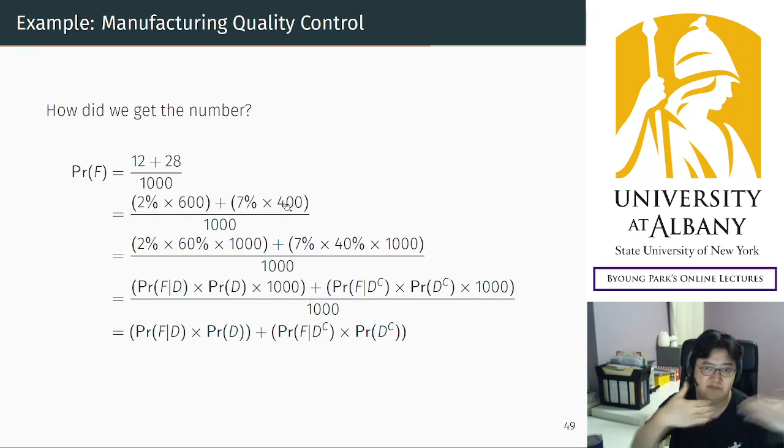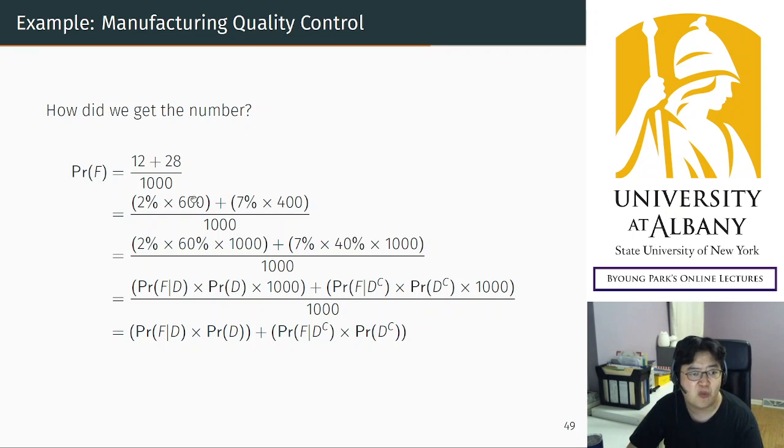We are going backward. Where did these numbers come from? 600 and 400. 600 was 60% of 1,000, so you may rewrite it that way. That's how we got it.